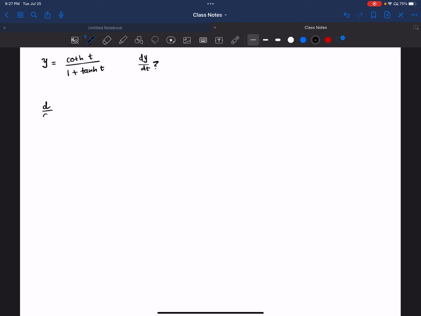So if you use the quotient rule, I can put 1 plus tanh t squared in the denominator.